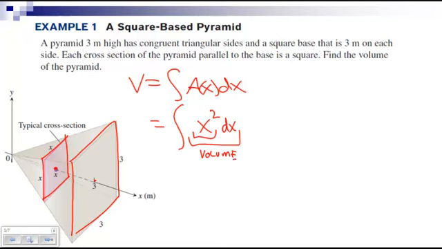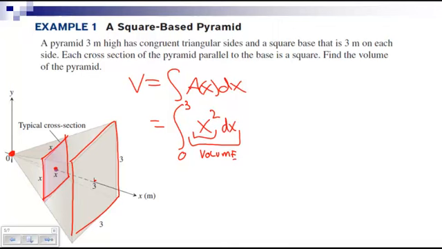What's the smallest x value in this drawing? Way down there at 0. What's the largest x value in this drawing of that square-based pyramid? 3.